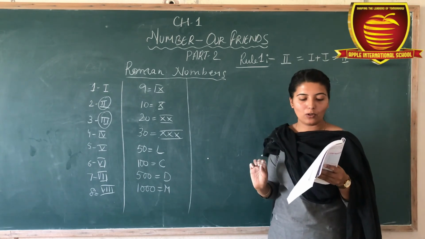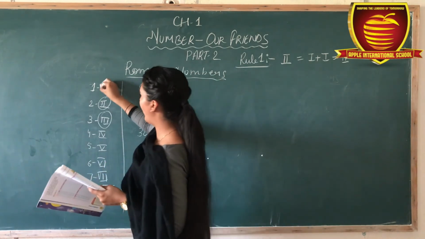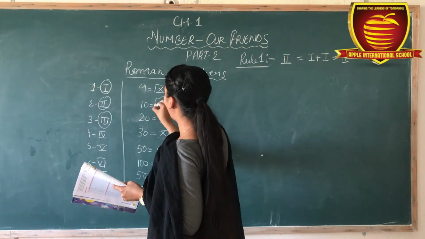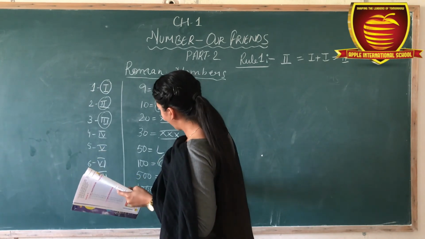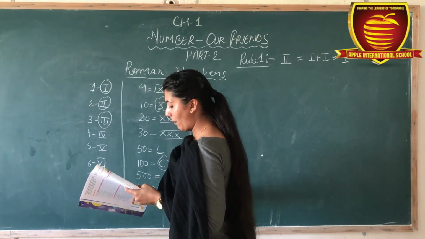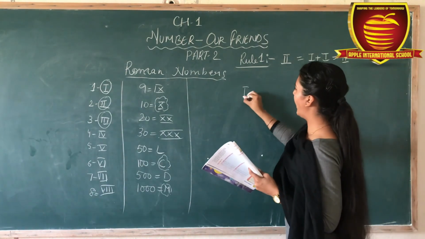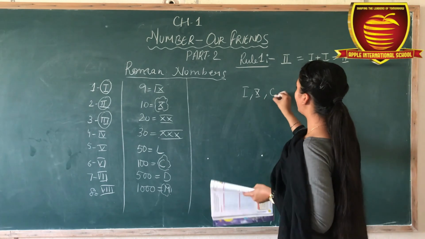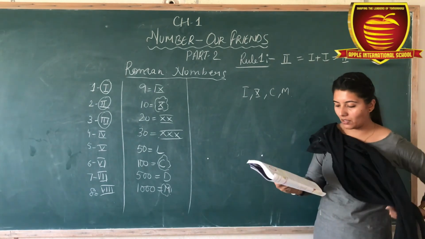Okay, now the second rule: the symbols I, X, C and M can be repeated many times.